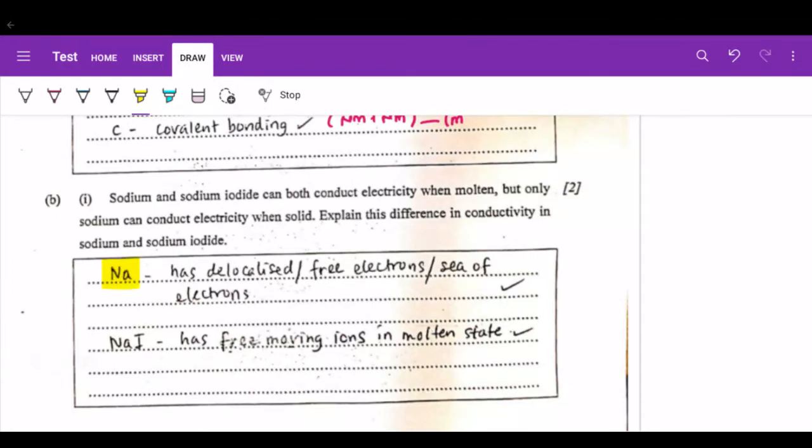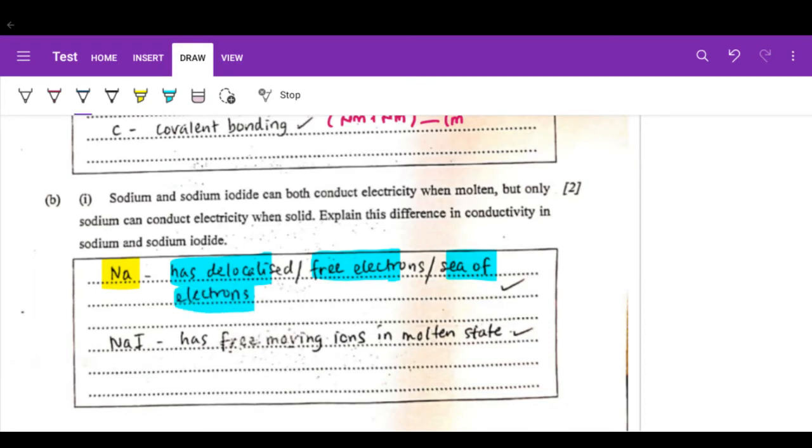Why can sodium conduct electricity in molten or liquid form? First, sodium has delocalized electrons, or the answer is free electrons, or a sea of electrons.